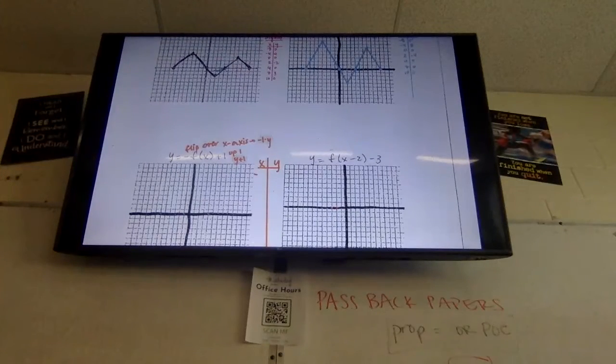Remember to do your multiplying first. I'm going to do all my multiplying and then I'll add them.